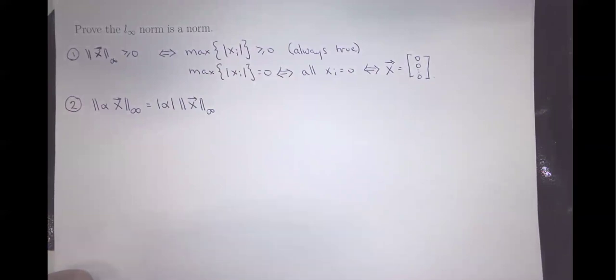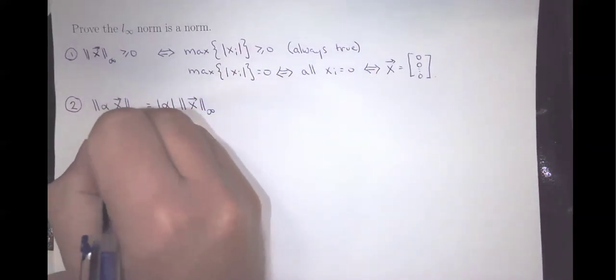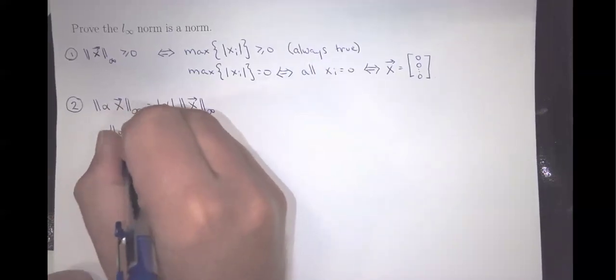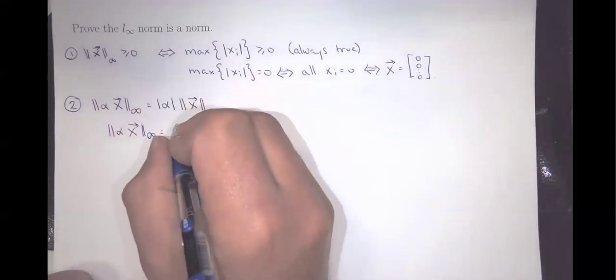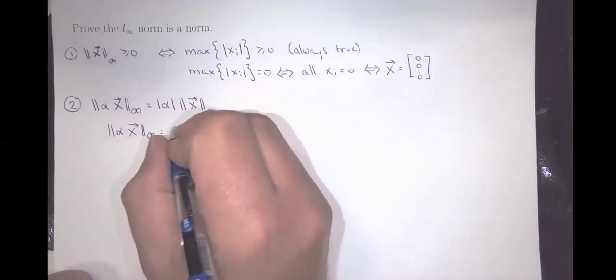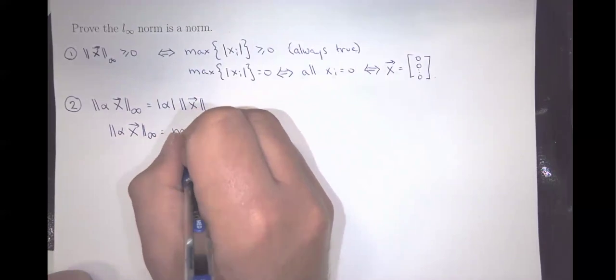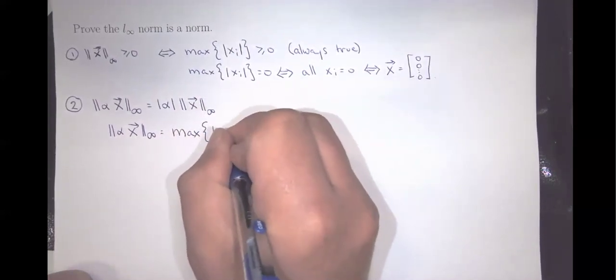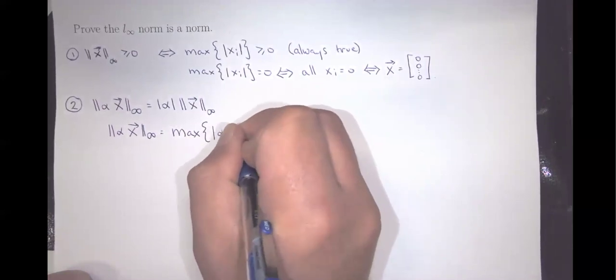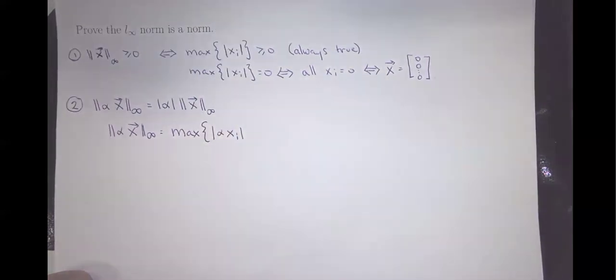Well, the infinity norm of alpha times vector x is equal to the max of the absolute value of alpha times each component in x, so each xi.